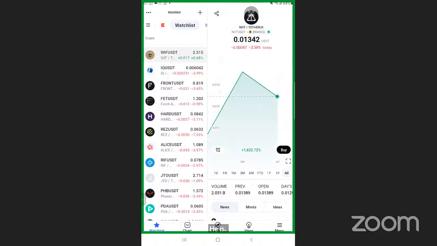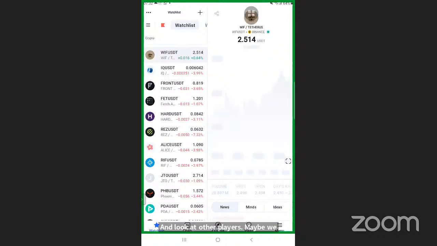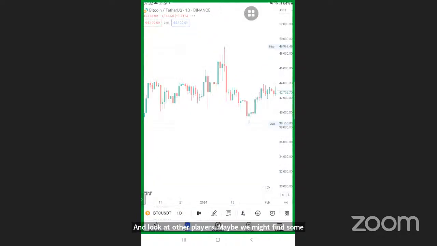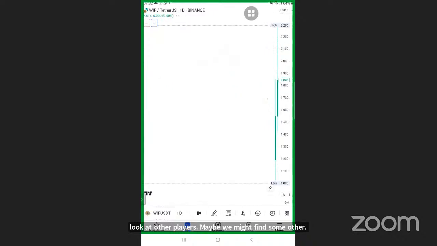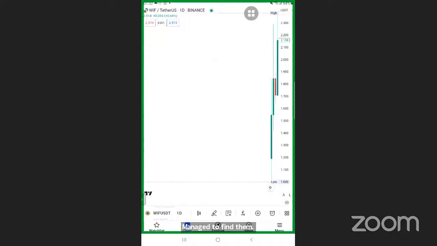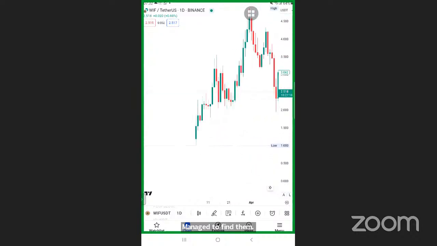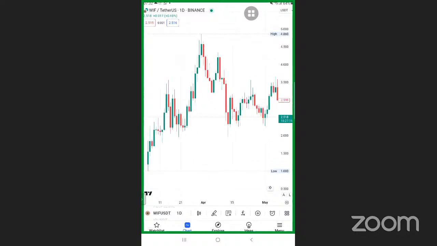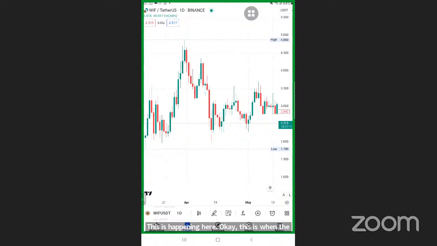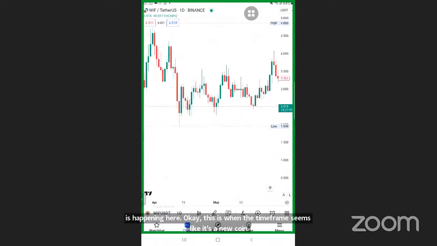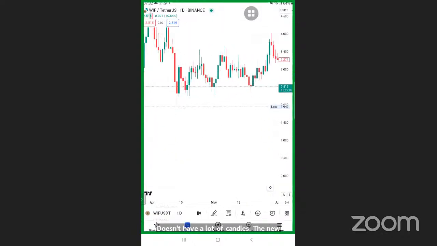Maybe we might find some other chart patterns that we didn't manage to find. This is the 1 day time frame. Seems like it's a new coin, it doesn't have a lot of candles, starting from here.